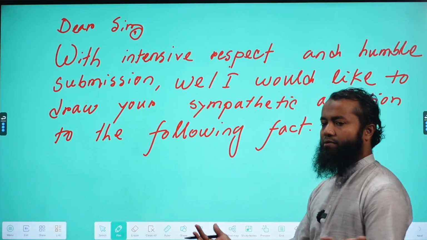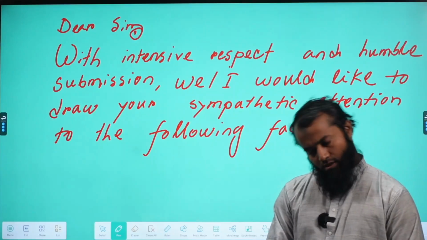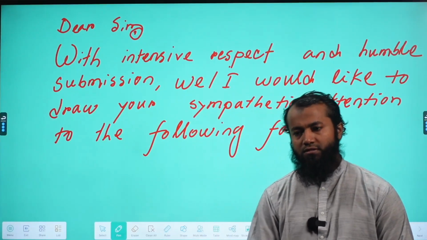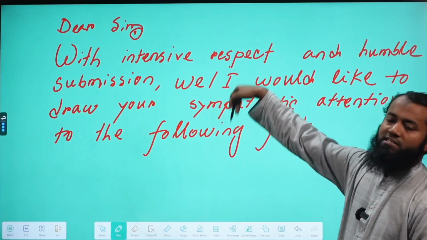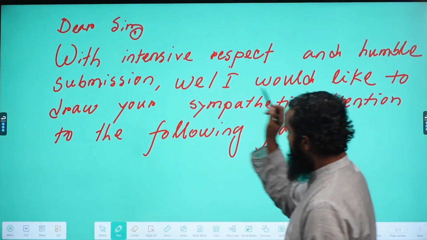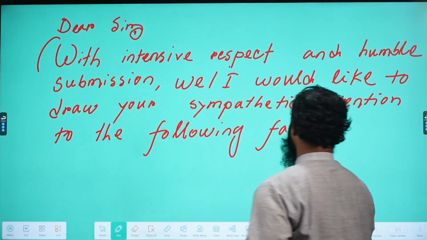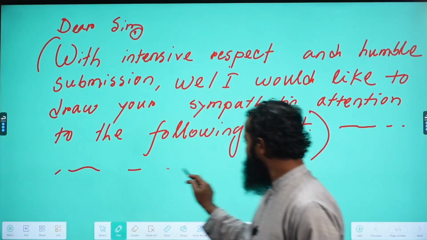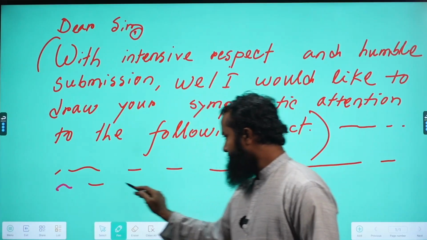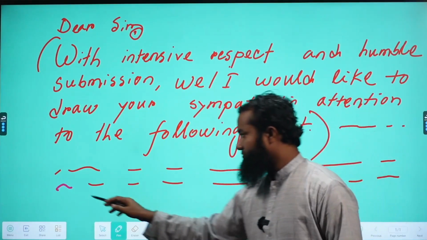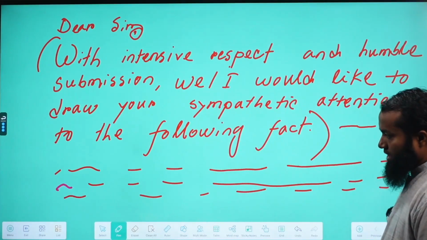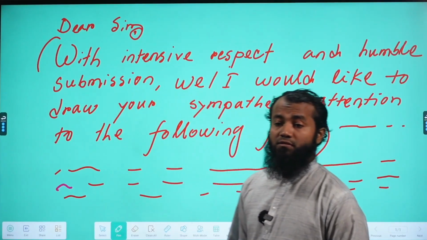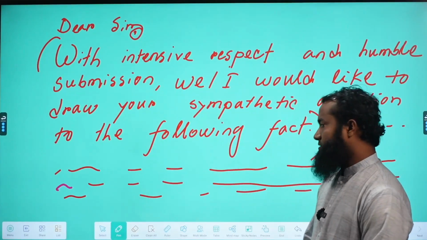Whenever you're writing an application to the principal or to DC, or to any union councillors, then you can start in this way. Just add these sentences. That's it. And then you have to add your content. You have to add the description about the thing you are demanding, or about the application that you're writing about. That's it.